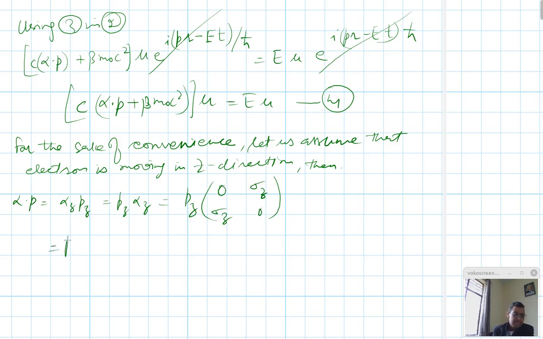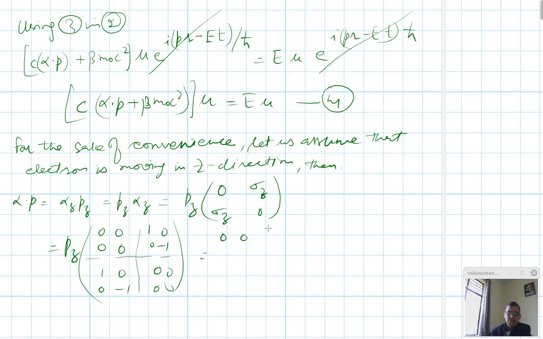So I can write it as p z times the matrix with rows 0 0 1 0, 0 0 0 minus 1, 1 0 0 0, 0 minus 1 0 0. That's what we are getting.